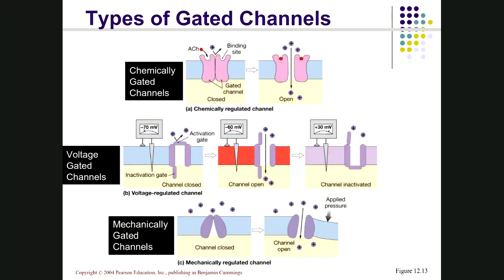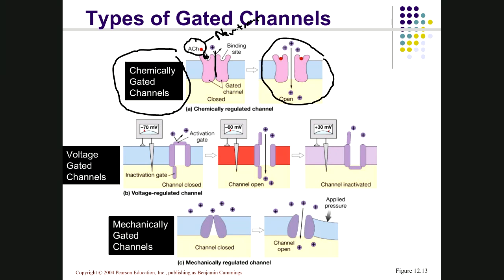So if we look at chemically gated channels, look, there's a chemical. The chemical is called a neurotransmitter. We already mentioned that already, a neurotransmitter. And the neurotransmitter is going to bind right here, and it's going to make this thing open. And you can see that happen right here. Look, it bound. And when the chemical binds, the channel opens. And when the channel opens, ions can go through it.